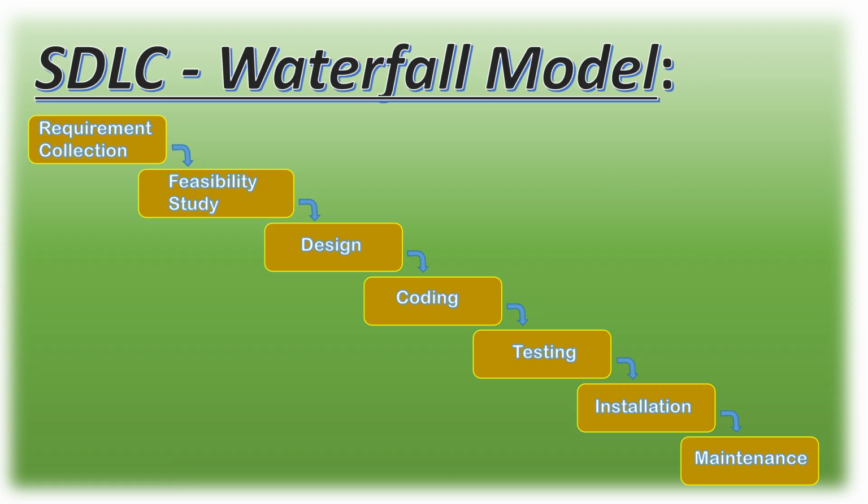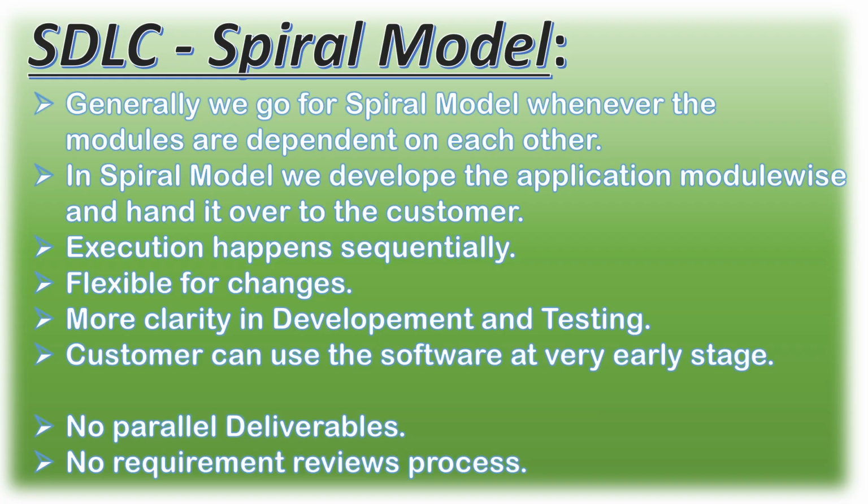All right, so next we'll go for the next model, that is nothing but spiral model. Generally we go for spiral model whenever the modules are dependent on each other. For example, I'll tell you one beautiful application there is, that is the Excel application, Microsoft Excel.